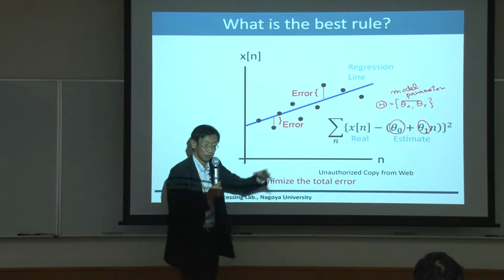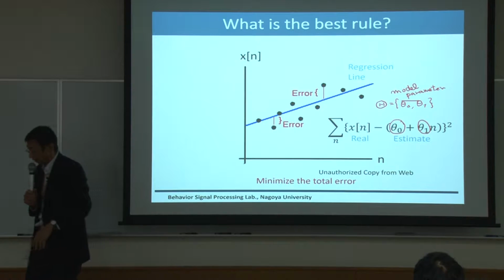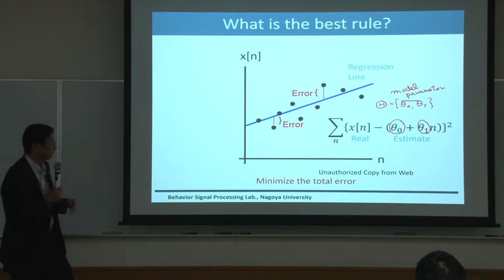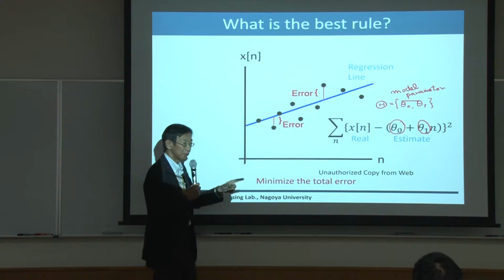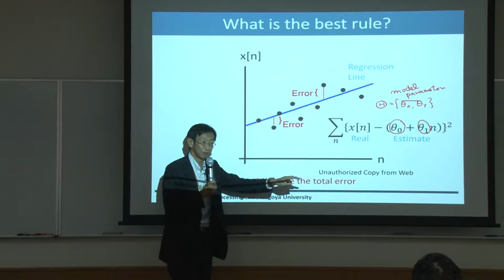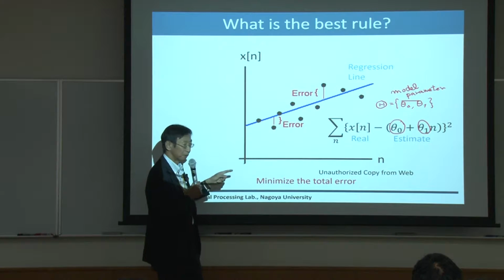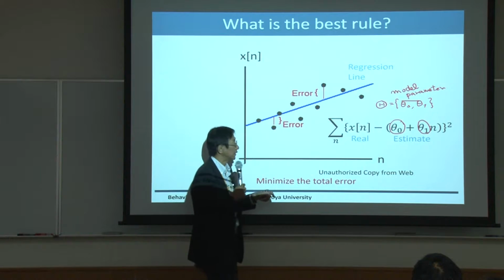Then the whole data error can be easily enumerated. And the problem becomes much more technical. How can we find theta 0 and theta 1, the only two unknown values, with respect to the minimum error? Okay?